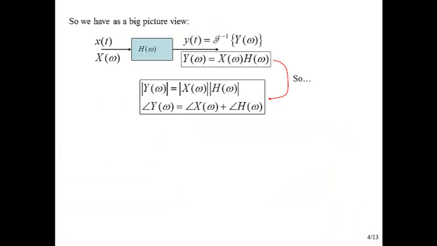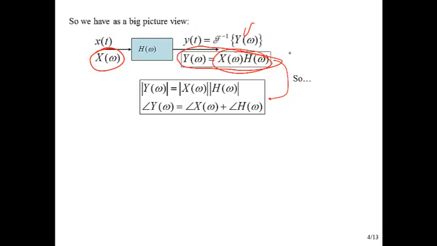So continuing with this big picture view, we've got x of t. It gets transformed to its Fourier transform. We know how the system modifies that Fourier transform as it goes back. We then take this, put it in here, and in theory anyway, do an inverse Fourier transform to get back y of t.